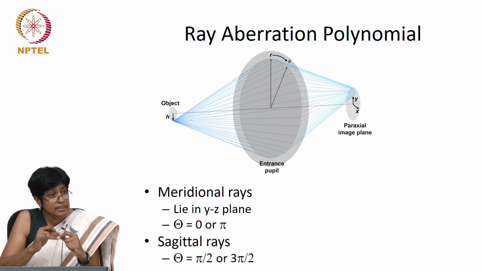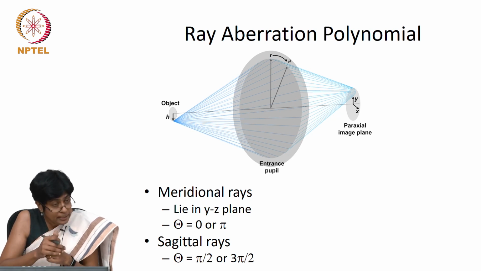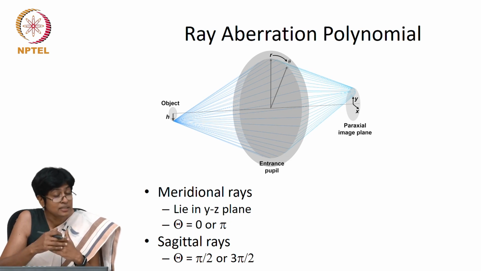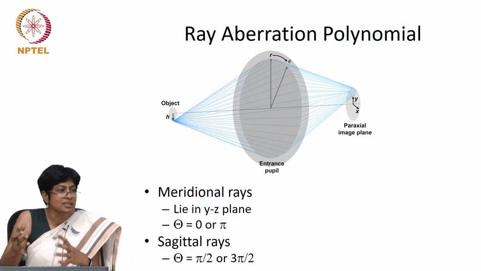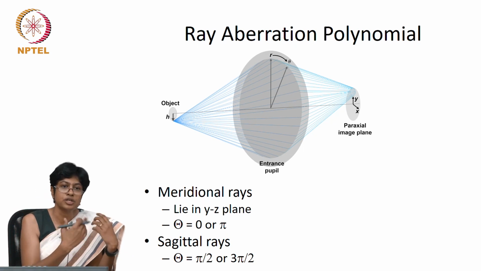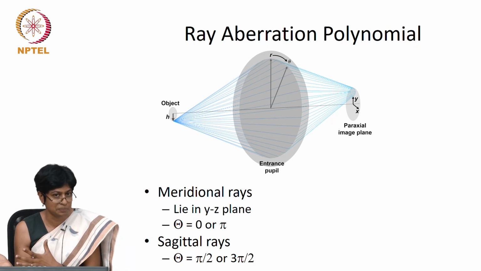You could alternately look at what we call the sagittal rays that lie in a plane perpendicular to the meridional plane, and those rays will have theta equal to pi by 2 or 3 pi by 2. Why do we break it up into these kinds? Because it turns out meridional rays will contribute to certain kinds of aberrations, sagittal rays to other kinds of aberrations.